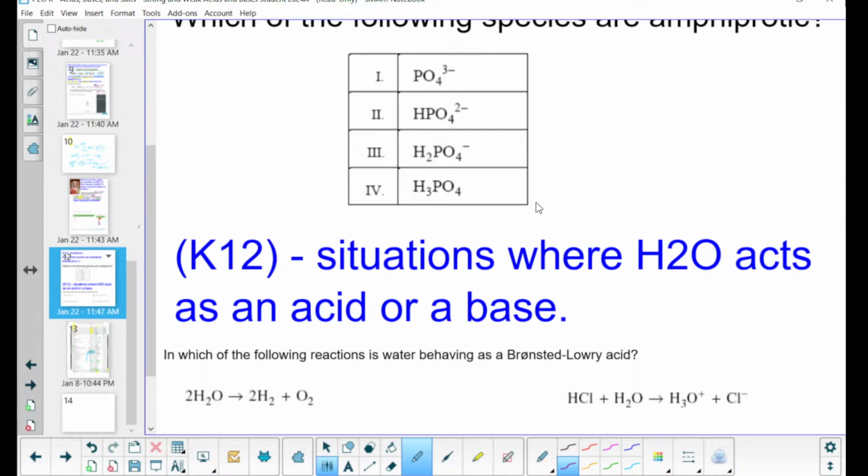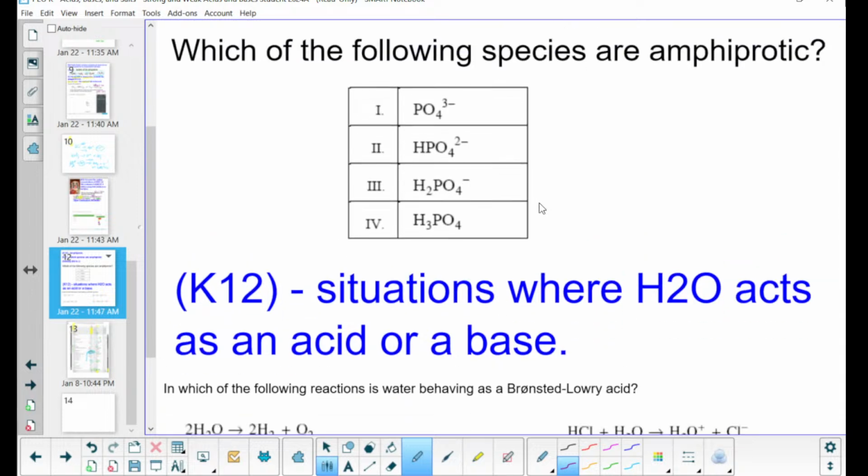This one doesn't have a fancy app. I'm just gonna go through it. Which of these are amphiprotic? We already did this in an earlier learning outcome. It's just duplicated in this section.